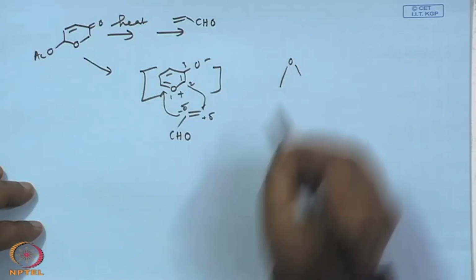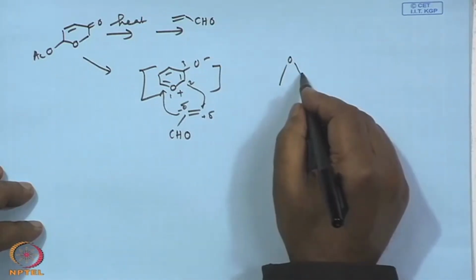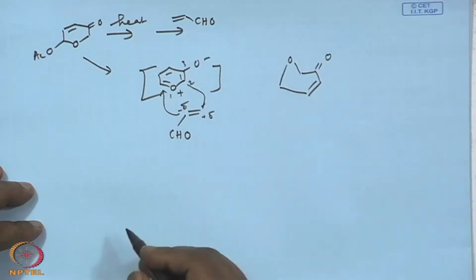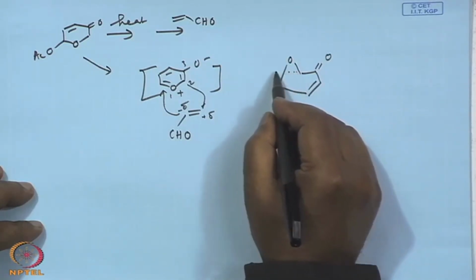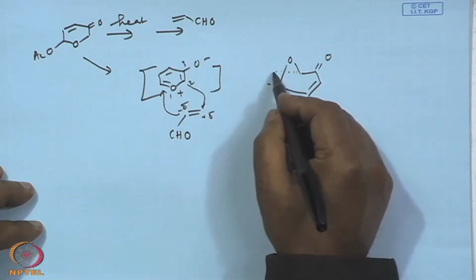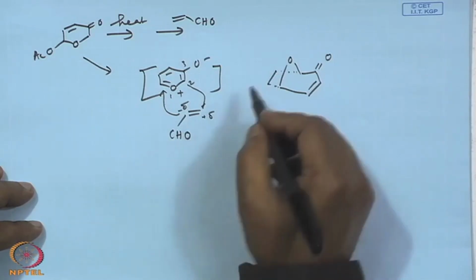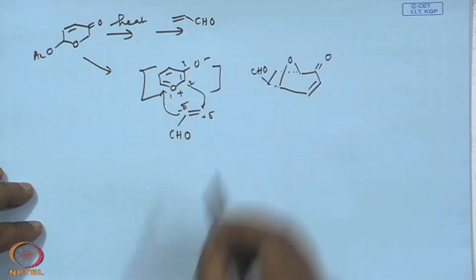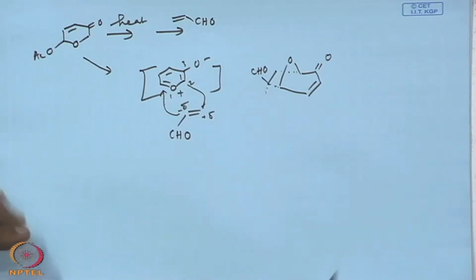Okay. And when I write it, first I write this way, this and the new bonds that are being formed this way. So, the dotted lines are the new bonds, across this double bond olefin here, and then you have the aldehyde.